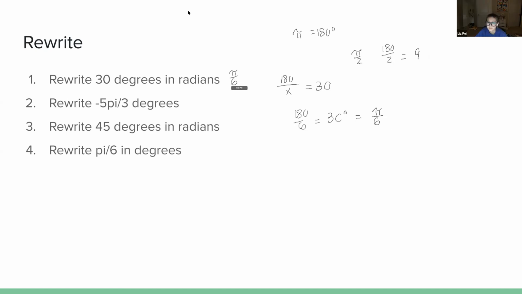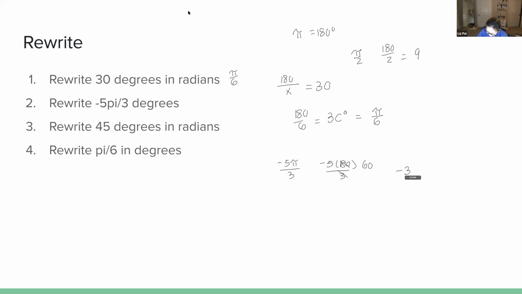And then if you look at this one, we rewrite -5 pi over 3. As I said, you can just think of pi as 180. So you can put it as -5 times 180 over 3. Then we can cross out these two and make this 60.